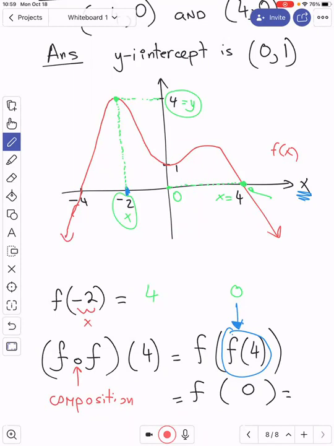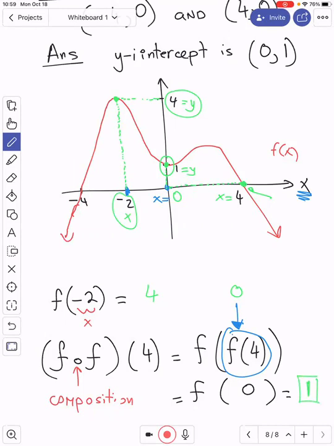So my x is 0. This is my x equal to 0. Then for the corresponding y, you go with a vertical line, and as you can see, it intersects the graph right here. The corresponding output y is 1. So the answer here is 1. f of 0 is 1.